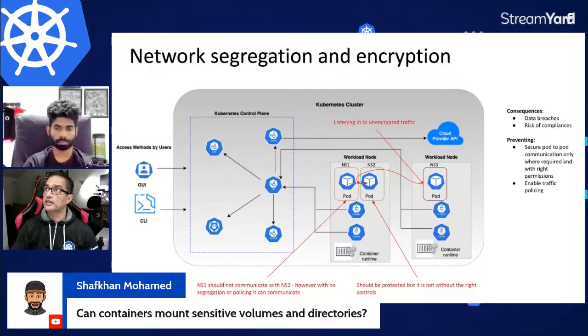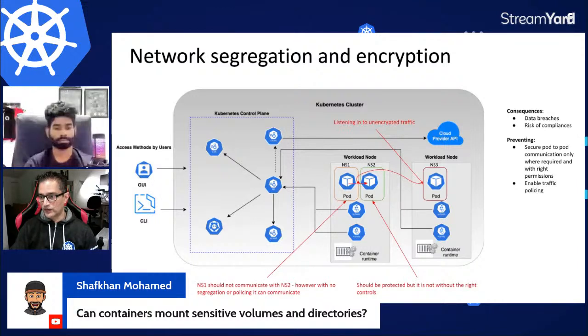Because what could happen is you create a persistent volume, mount a volume, and write sensitive data to it. Then you kill the pod and forget to delete the persistent volume. If you're going to do that, you need to make sure you delete the persistent volume as well. But quite a bit of the time people forget.